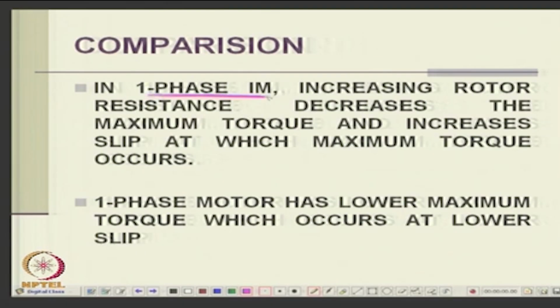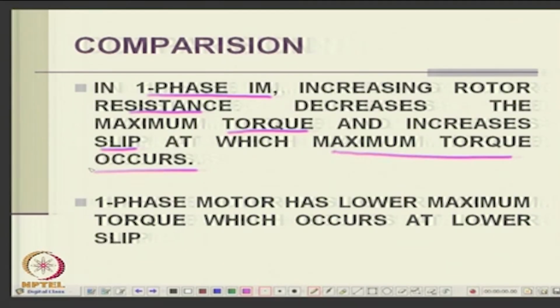In a single phase motor, increasing rotor resistance decreases the maximum torque and increases the slip. Why? Because I squared R loss will increase if you increase the rotor resistance. Therefore, increasing rotor resistance would also mean the efficiency will be poor, and the slip at maximum torque will also change; it will occur at a higher slip.